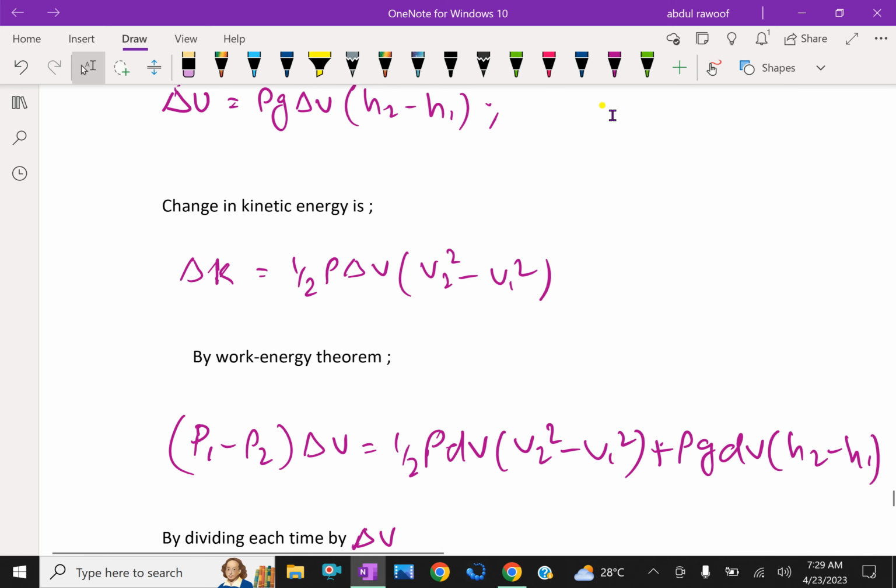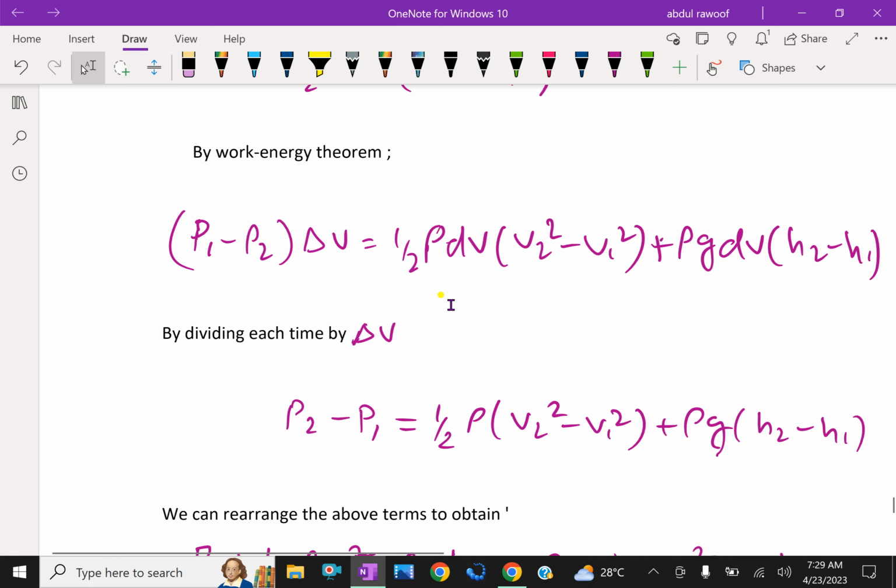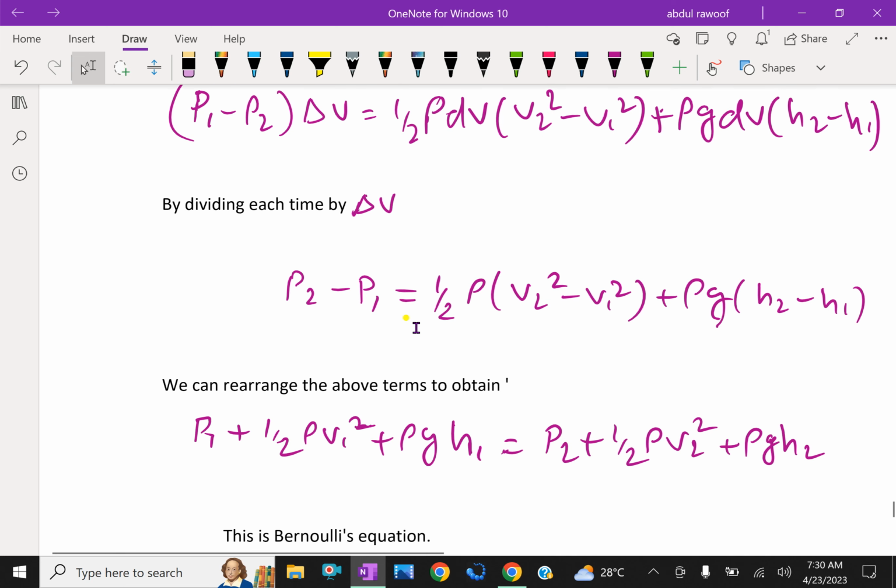These two are delta K plus delta U. Here, you have to divide this expression by delta V. Here delta V is there, here delta V, here delta V. If you divide throughout by delta V, we get P2 minus P1 equals half rho times v2 squared minus v1 squared plus rho g times h2 minus h1.